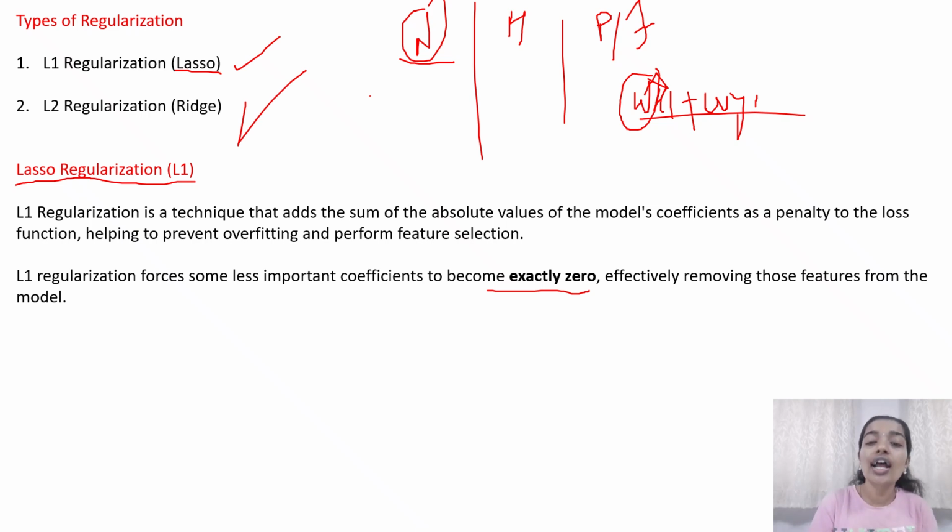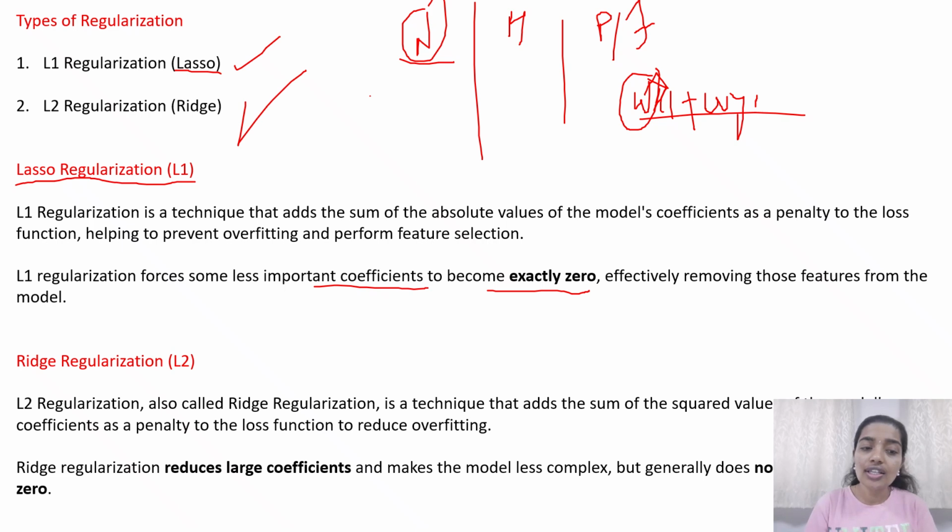But specifically, Lasso regression forces the coefficient of the unimportant feature to become exactly zero, so that feature is completely removed from the data set and we don't consider it for training. So this is feature selection. Lasso regression has built-in feature selection.